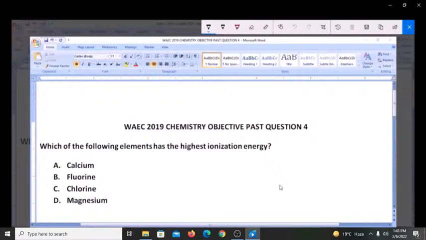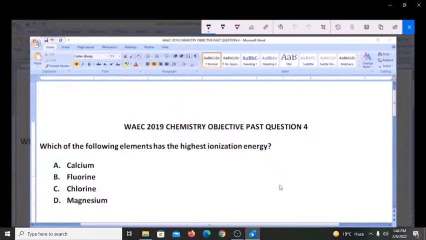So calcium and magnesium are metals, and because they are metals, the energy required for them to remove electrons is lower, so they are ruled out of possibly being the answer, because the question is asking which one has the highest ionization energy.